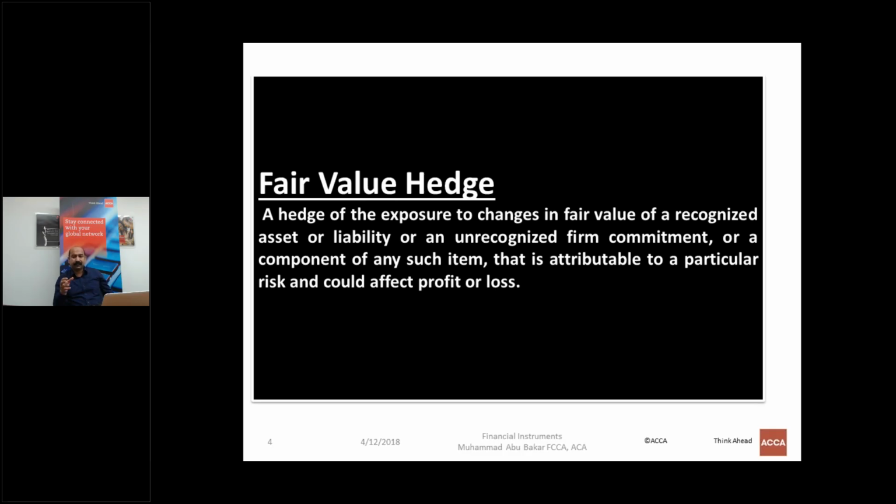It is not only about currency. If you are a manufacturer, it is a matter of buying a commodity after a few months, and you are worried that you may incur loss as a result of change in prices, so you can hedge your position.